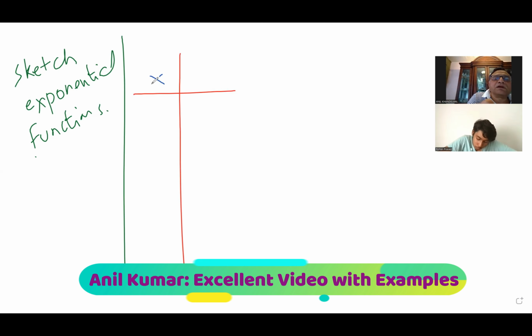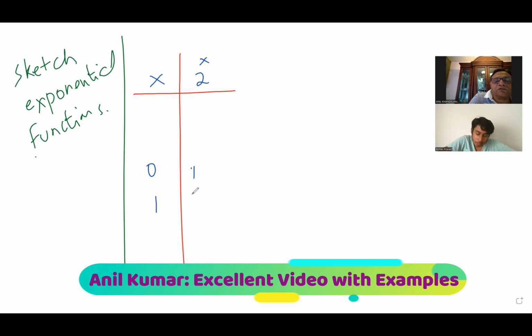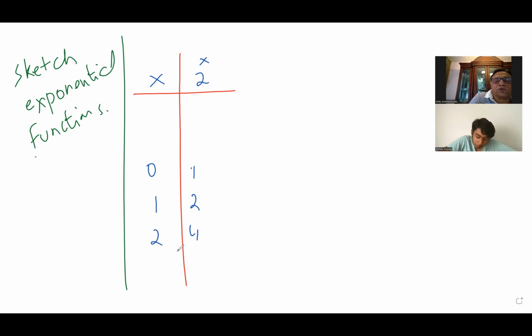So let's say x values, and we'll write y equals 2 to the power of x. So let's take 0. 2 to the power of 0, as we saw, was 1. 2 to the power of 1 is 2. 2 to the power of 2 is 4. 2 to the power of 3 is 8.